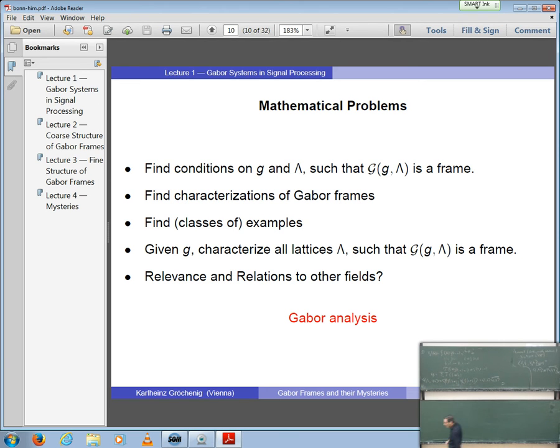So next and last lemma gives us an answer to the first question. Remember, we had the spectrogram. When we look at the frame condition, we have the spectrogram sampled on a lattice, and we want to apply the Poisson summation formula. So we need to know what the Fourier transform of a spectrogram is.